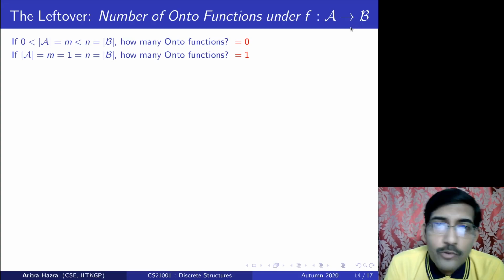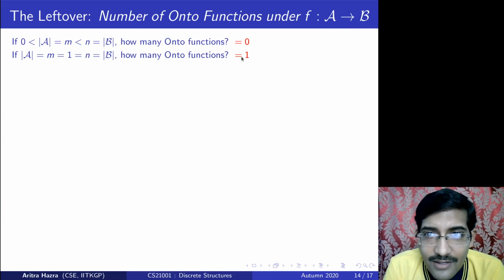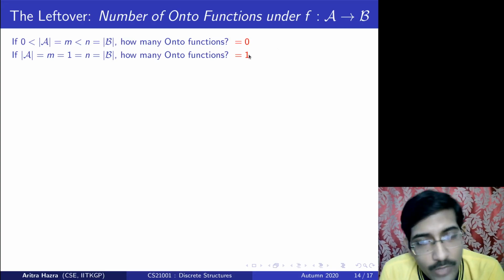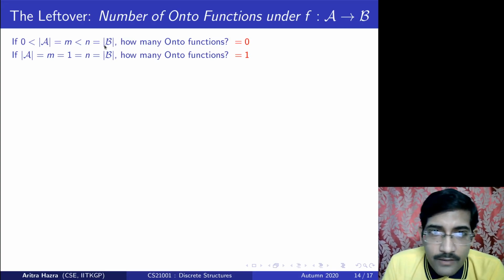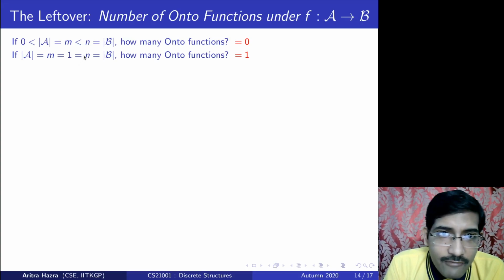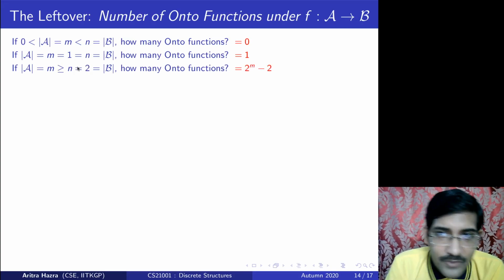There could be only one mapping possible, directly from that element to the B element. So the number of onto mappings is also 1. Let us try to increase this number, so that if N equals 2 and M is more than or equal to that, then what happens?